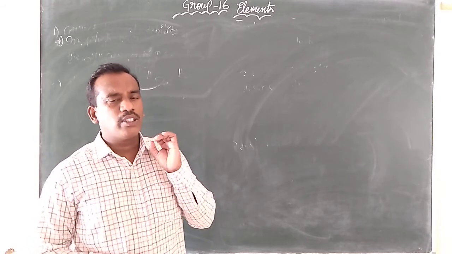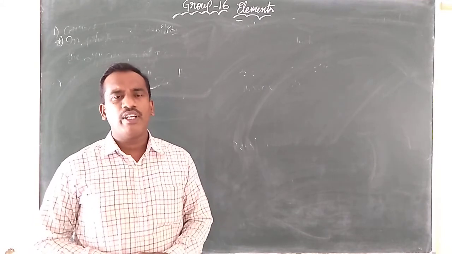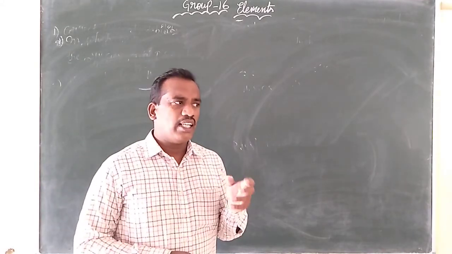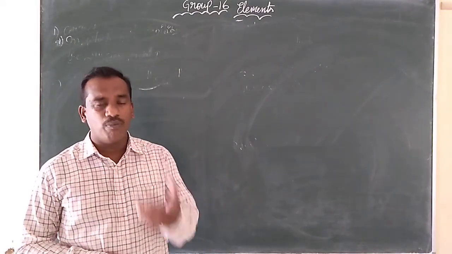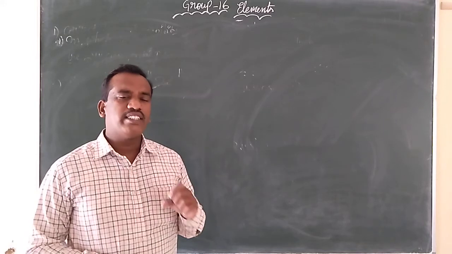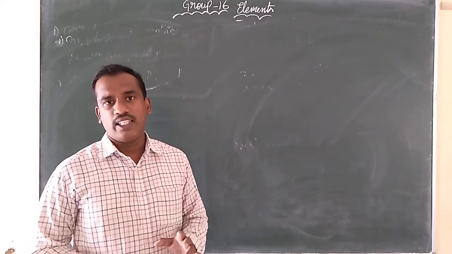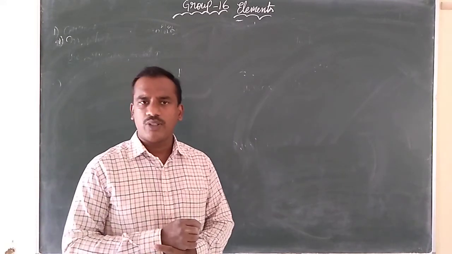At a time both H plus will not be given. First one H plus will be given, in the next step another H plus will be given. The acid dissociation constant of sulfuric acid is very high, so it acts as a very strong acid. Now all these points are covered in the textbook once you see.